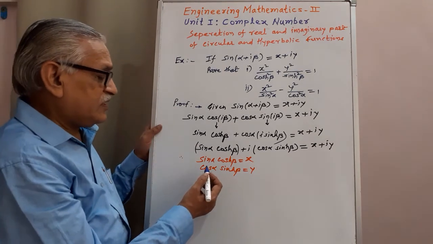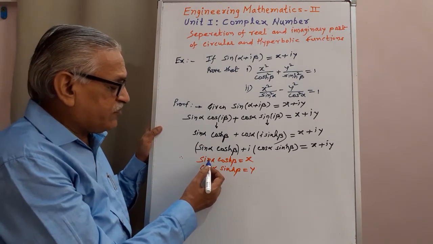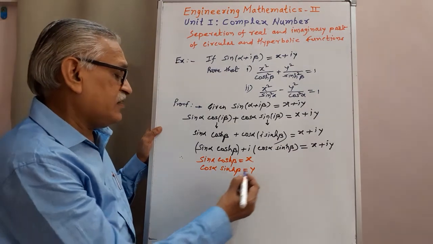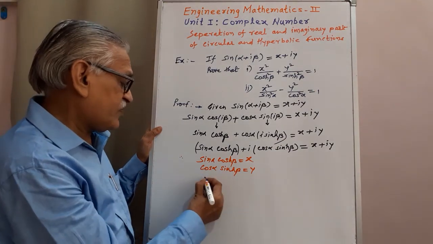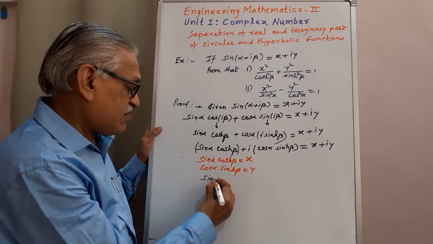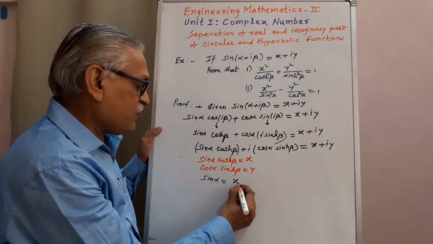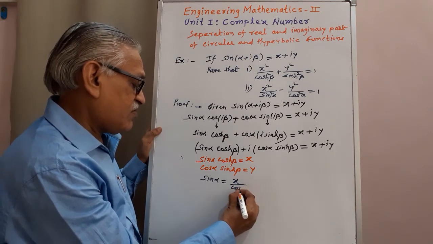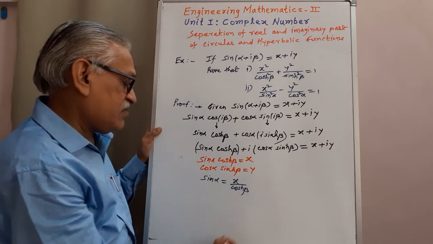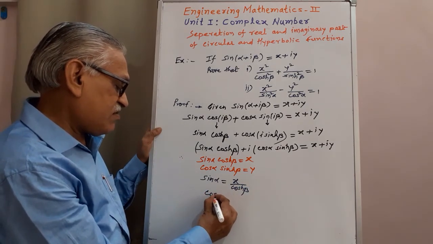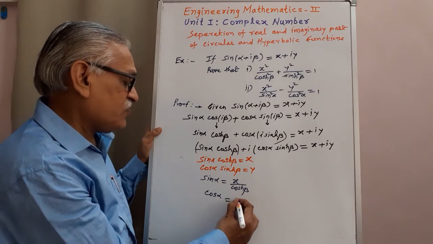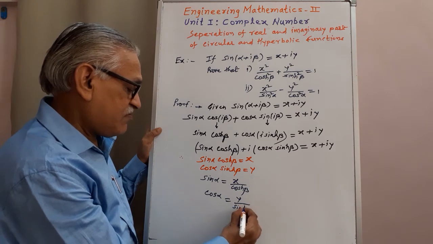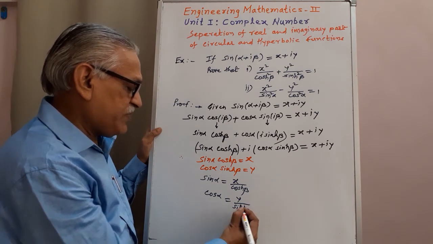And then solving it for circular function, it gives you sin alpha is equal to x upon cosh beta, and cos alpha is equal to y upon sinh beta.